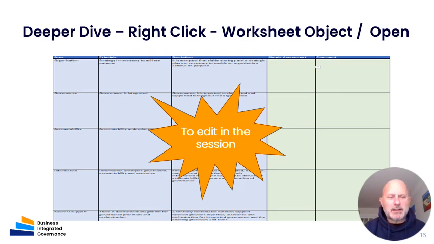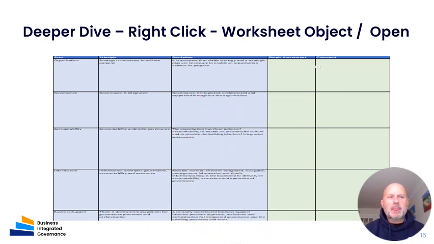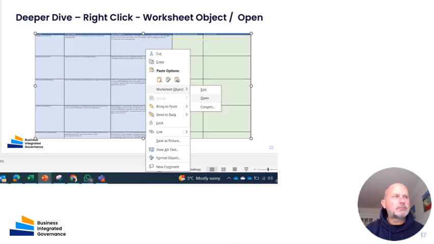So this page in the presentation has in it an embedded object, which is the big readiness model. What you'll be able to do is right click on it and open it. When you do right click on it, be careful that you select worksheet object and open, and it should open up an Excel instance on your PC, and then you'll be able to do all that you'd like to do with it on your PC.